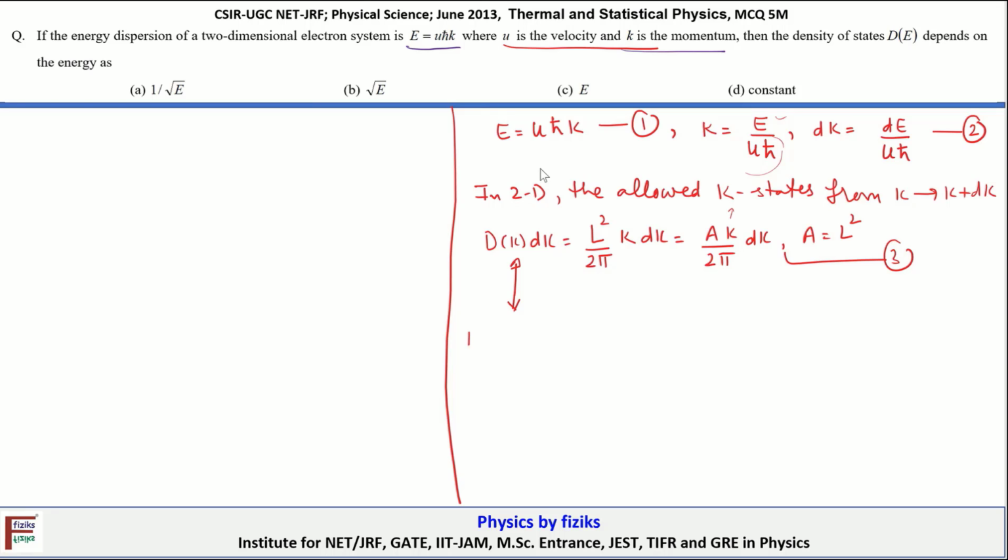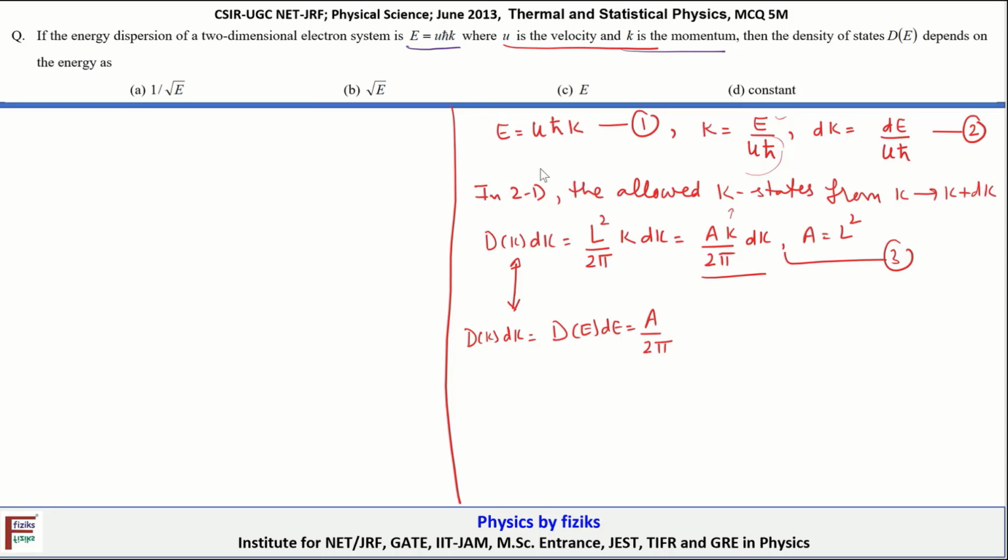So what I can do is always write dk, that is equal to dE, and that is equal to, now this expression, A upon 2 pi multiplied by k.